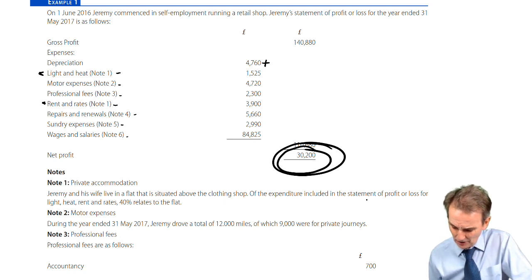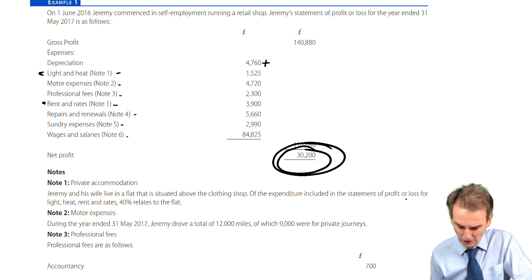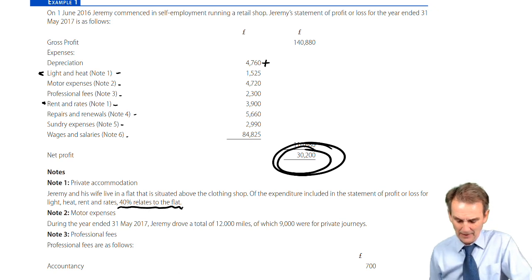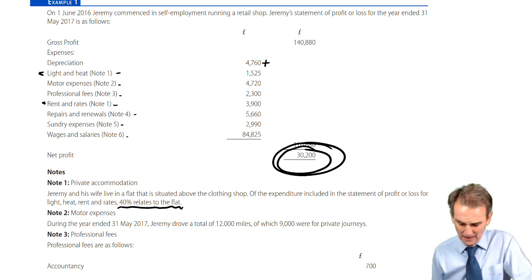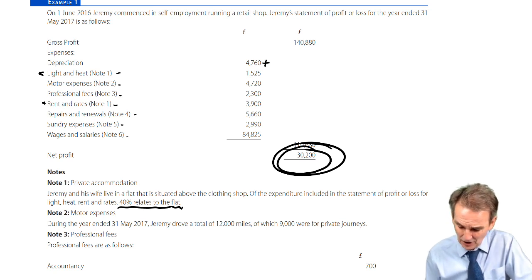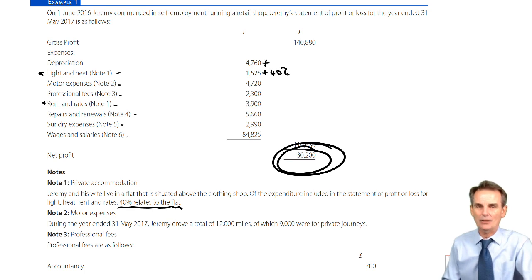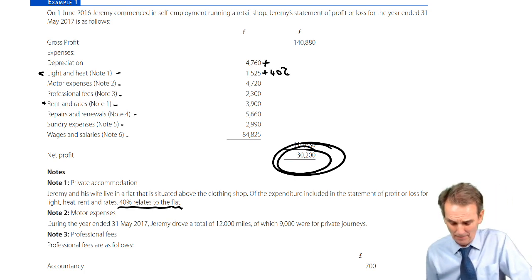Of the expenditure included in the statement of profit or loss for light and heat, rent and rates, 40% relates to the flat. There you go, you've got 40% private use in relation to heat and light. So back to that item on your statement of profit or loss, plus 40%. We're going to have to add back the private use expenditure.